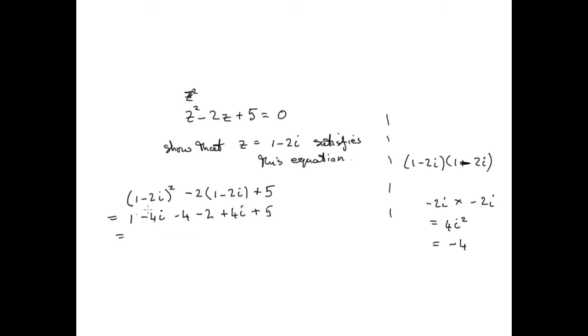So real part, 1 minus 4, that's minus 3, minus another 2 is minus 5, plus 5 is 0. And the imaginary part, minus 4i plus 4i is 0. So 0 plus 0i, just written as 0. And certainly 1 minus 2i is also a solution of that equation.